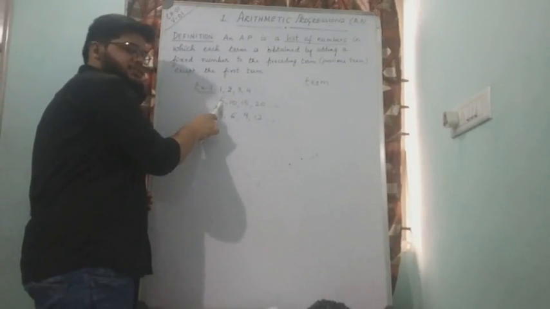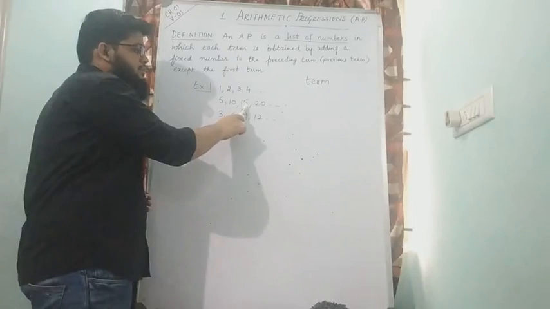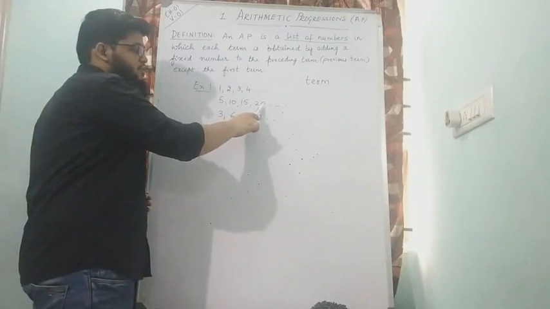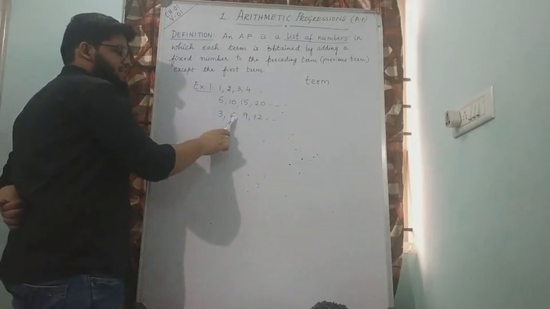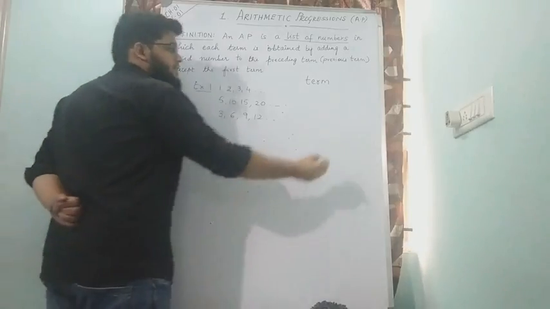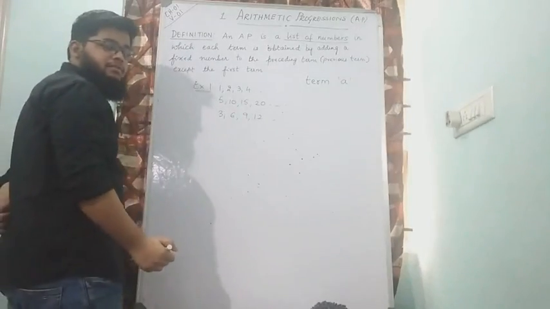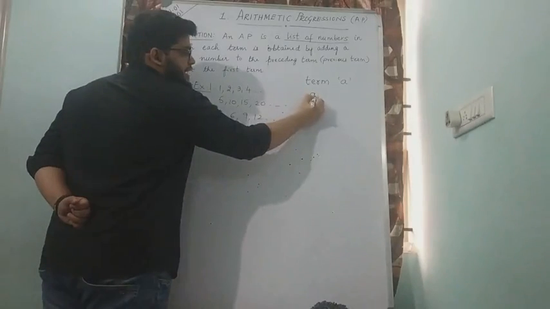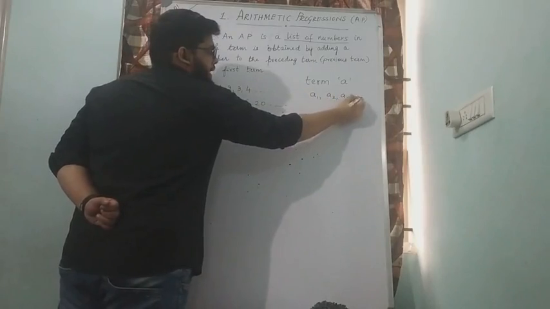Similarly, here the first term is 5, second term is 10, third term is 15 and fourth term is 20. First term is 3, second term is 6, third term is 9, fourth term is 12. A term is given with the letter A, and every term is written respectively as A1, A2, A3, A4.